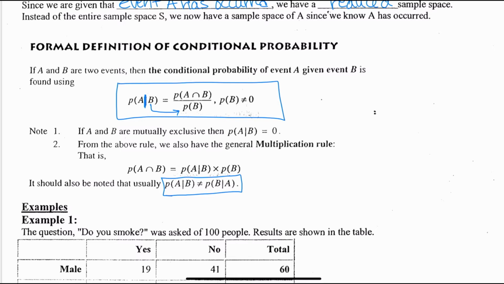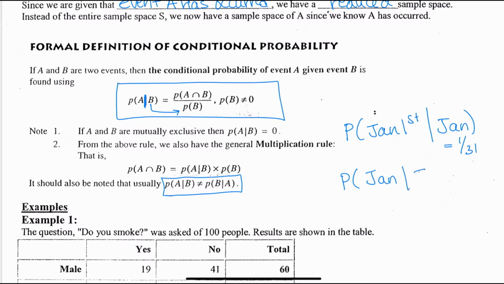So we go back to the example about being born January 1st. Imagine if I were to flip it around. Instead of asking what is the probability that you were born January 1st, given that you were born in January, which we said is 1 out of 31, let's switch it around. What is the probability you were born in January, given that you were born January 1st? And the answer is 1.